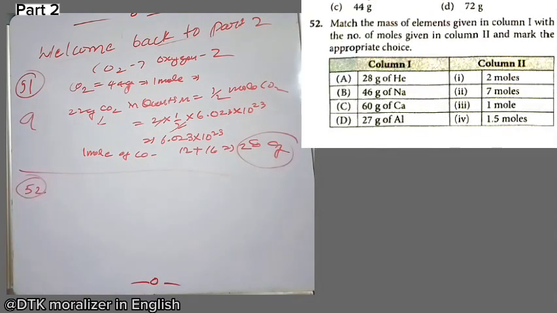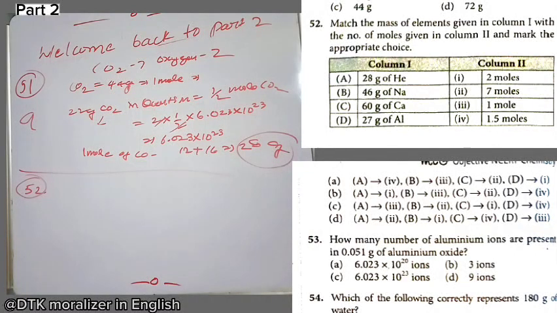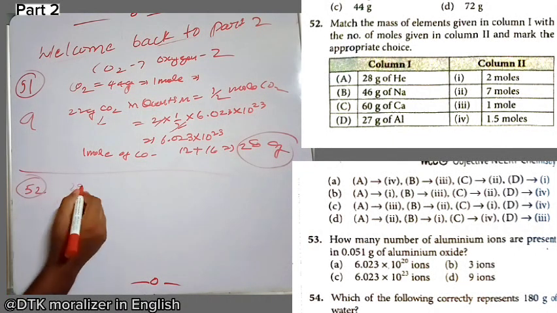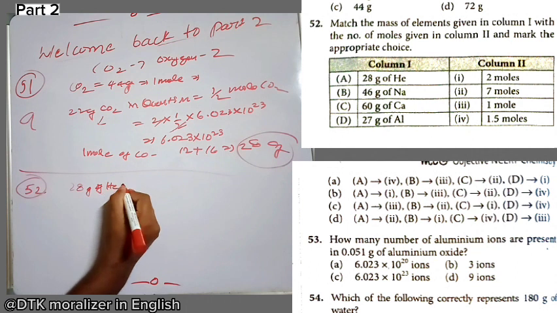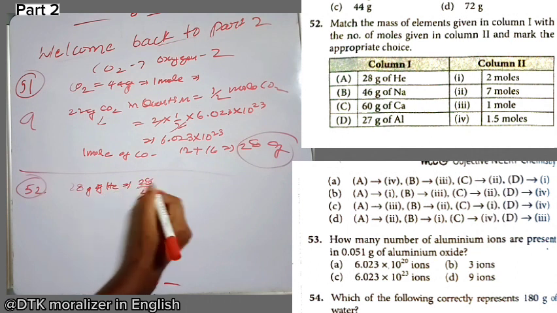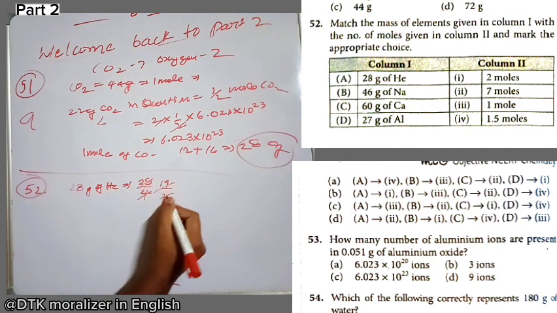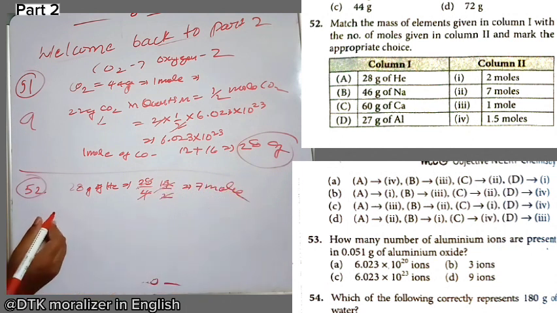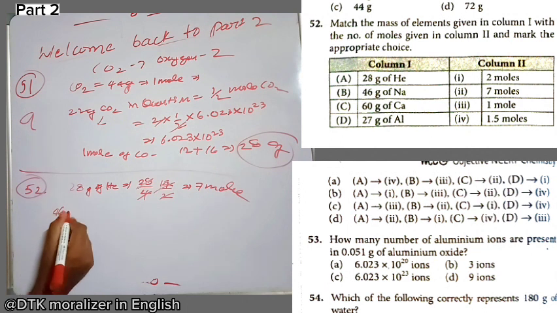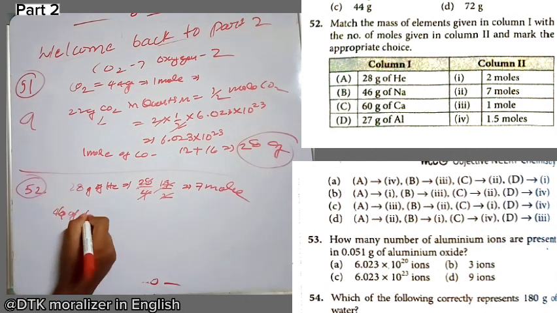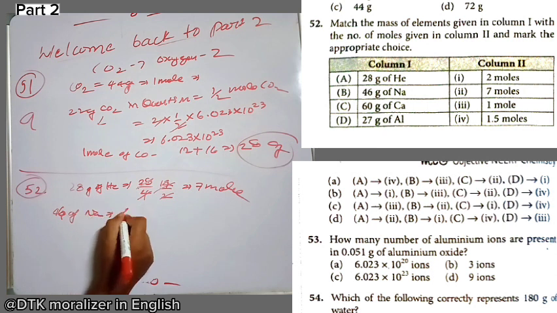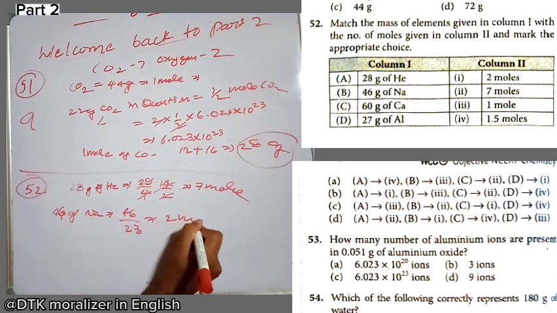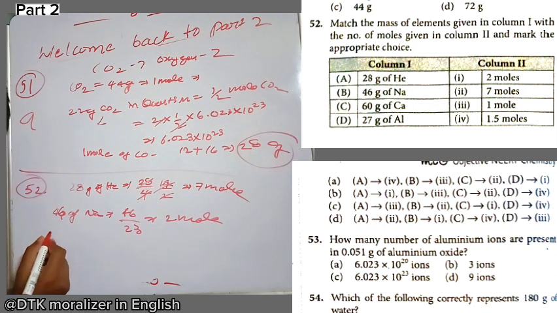Now question number 52. Here we have to match the column with the appropriate answer. Here 22 grams of helium is equal to 7 moles. Now for 46 grams of sodium, that is equal to 2 moles.